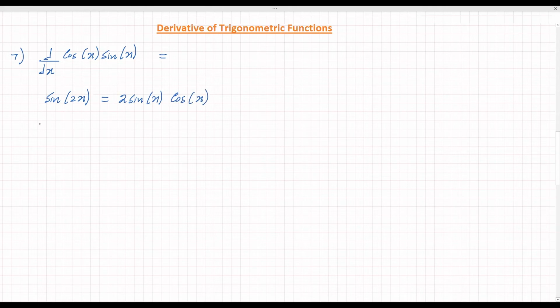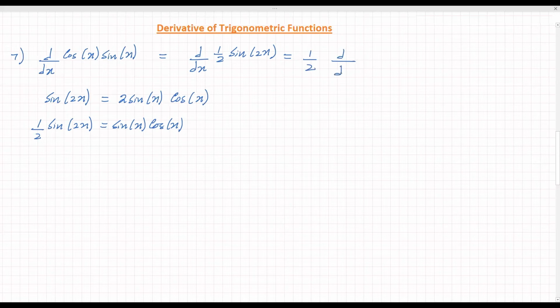From here you can say half sine 2x is equal to sine x cosine x. So you can write that in terms of sine 2x, which is half sine 2x. Now you can see half is a constant, so you can take that out. Then you have half d/dx of sine 2x.